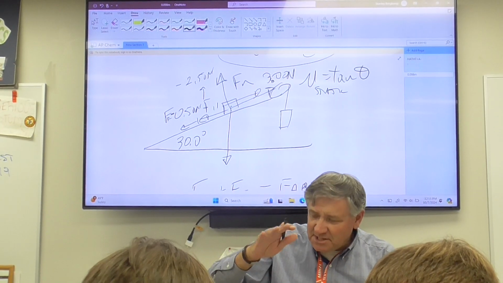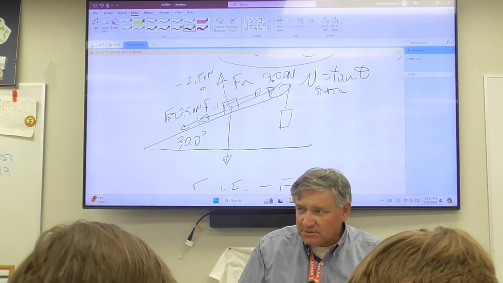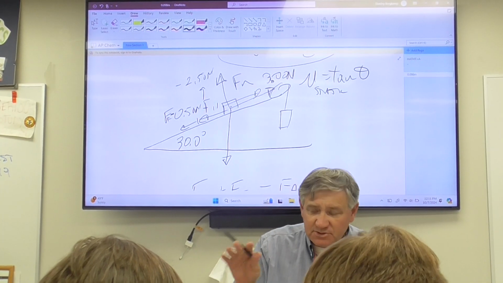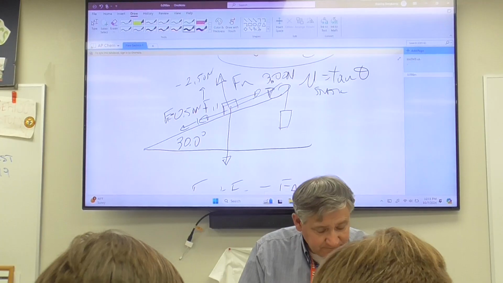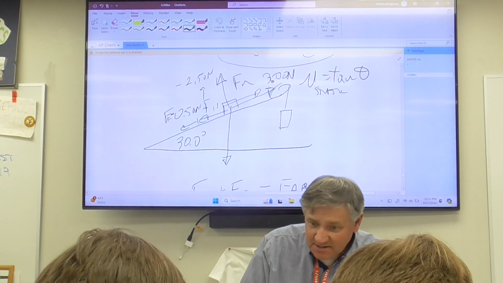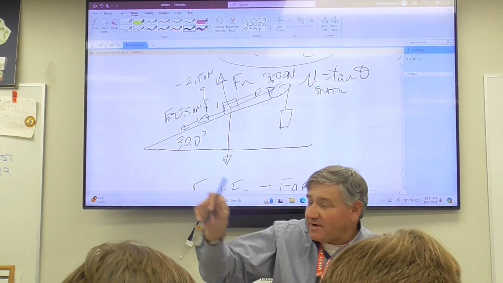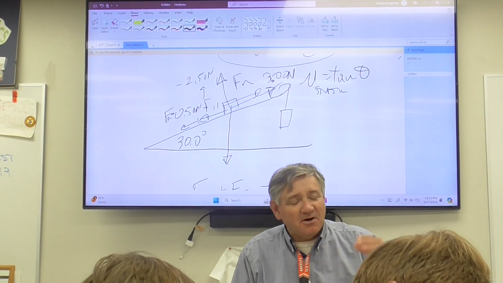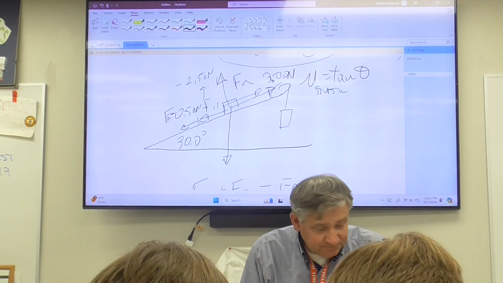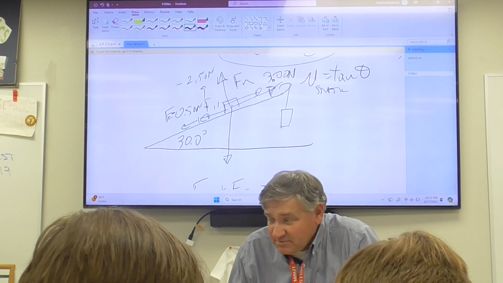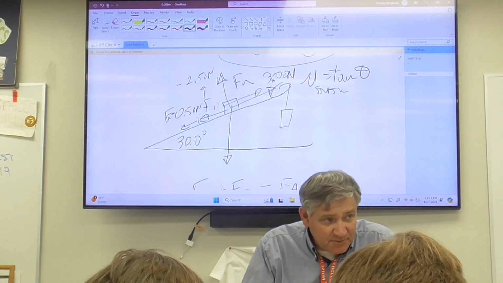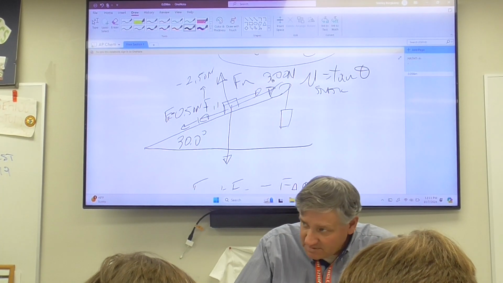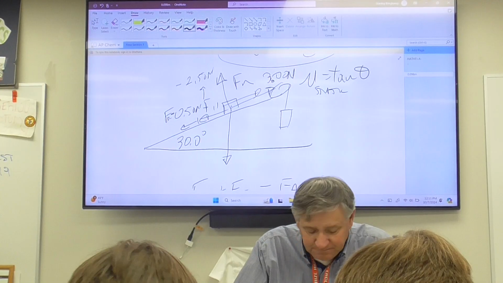Somewhere between 3 and 4. So the force that you need on number 2 should be between 3 and 4 newtons. To get the mass, you're going to take that answer and divide it by what, g? 9.8. Beautiful. So let's say you think it's 3.5 newtons. You're going to take the 3.5 newtons, divide that by 9.8 meters per second squared, and there's going to be the mass that you're going to need.